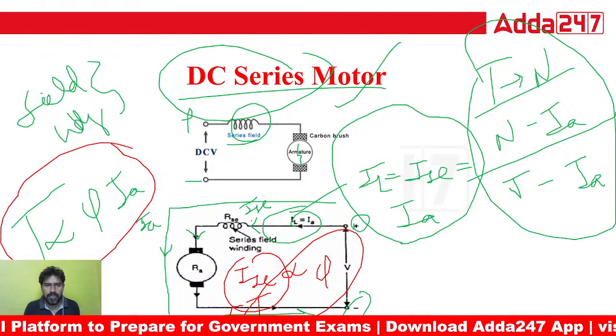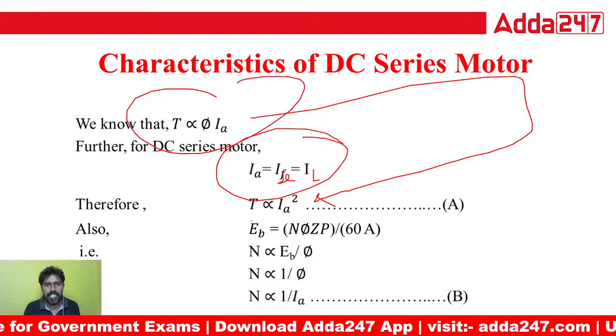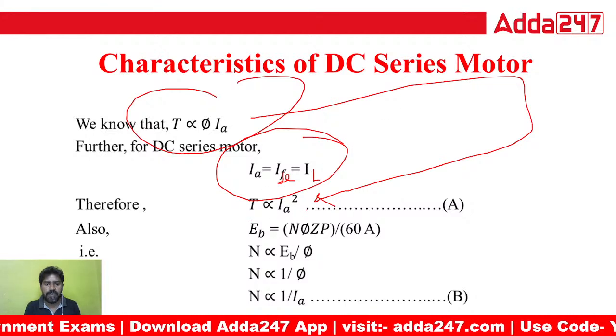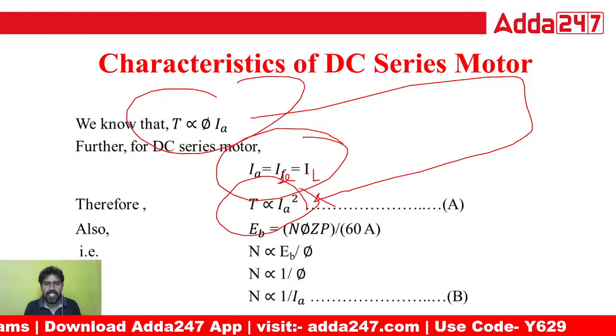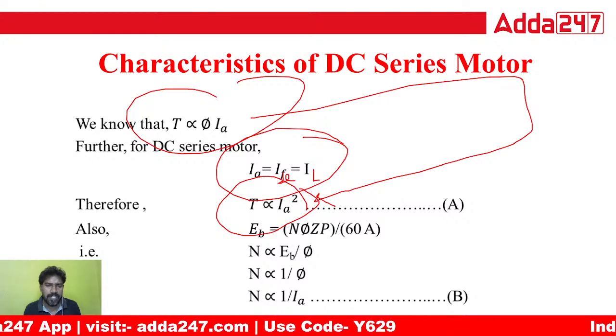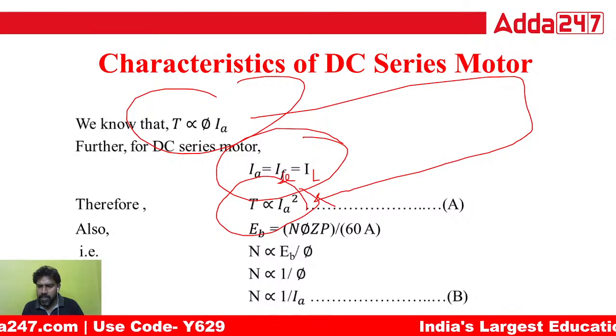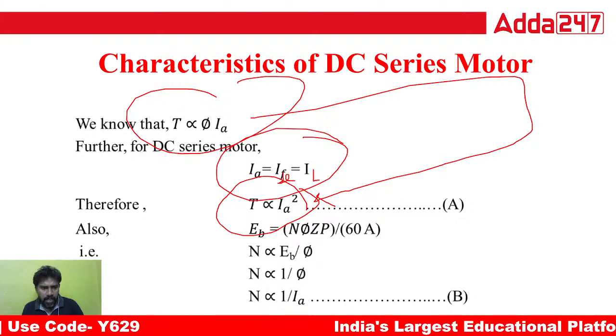So instead of flux you can substitute Ia. Then what is the final equation you will get? Torque is directly proportional to the square of the armature current.